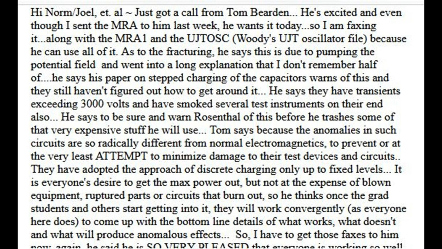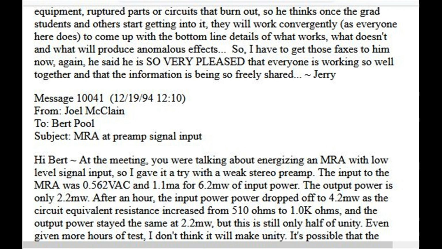It is everyone's desire to get the max power out, but not at the expense of blown equipment, ruptured parts or circuits that burn out, so he thinks once the grad students and others start getting into it, they will work convergently, as everyone here does, to come up with the bottom line details of what works, what doesn't, and what will produce anomalous effects. So, I have to get those faxes to him now. Again, he said he is so very pleased that everyone is working so well together and that the information is being so freely shared.